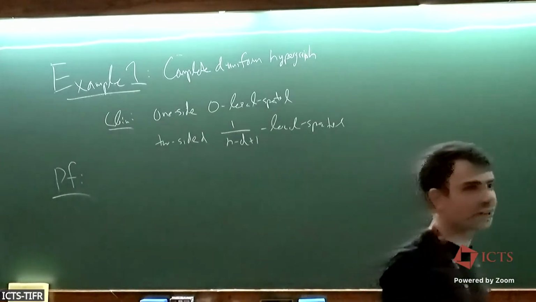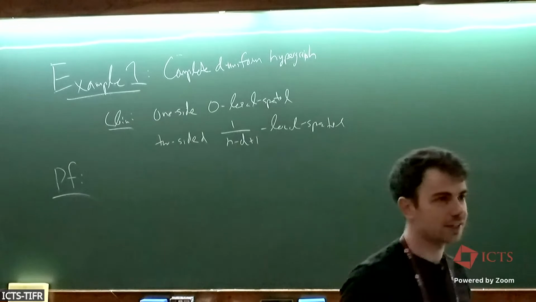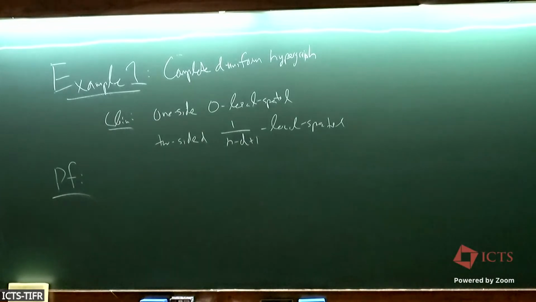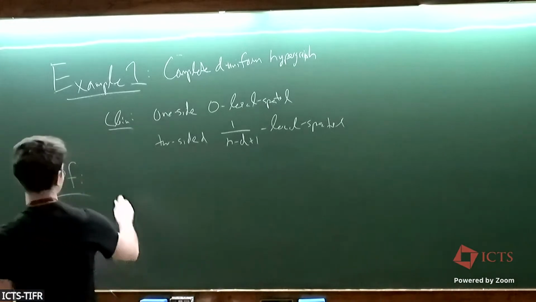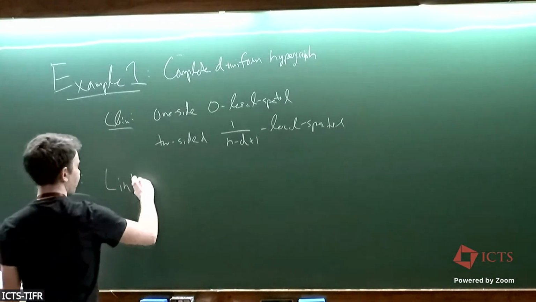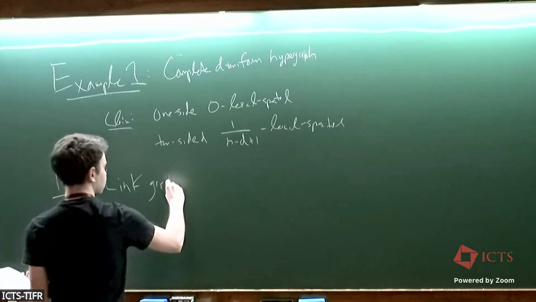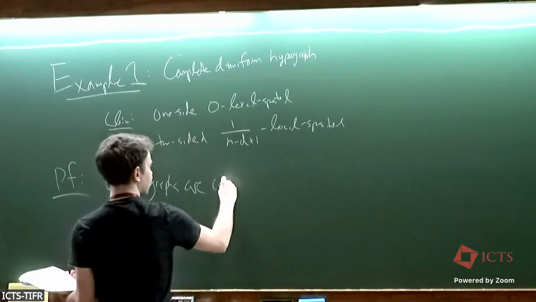So what's the underlying graph of the complete complex? Just looking at this diagram. Yeah, it's just a complete graph. Right, so all of the local links are uniformly weighted complete graphs. I won't actually go through the calculations, but the link graphs are complete.